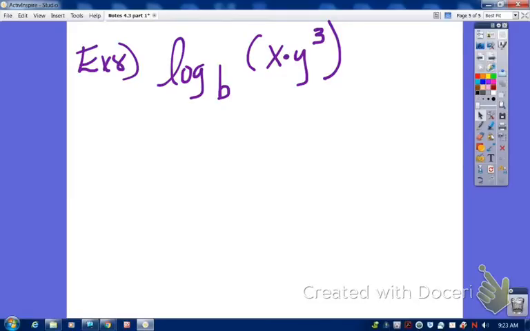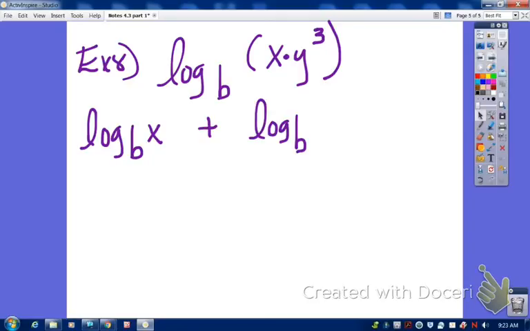So I have a product between x and y to the 3rd, and then I also have a power. Because x and y are not both being raised to the same power, let's start with the product rule, and we'll expand it out as log base b of x plus, because this is a product, log base b of y to the 3rd.